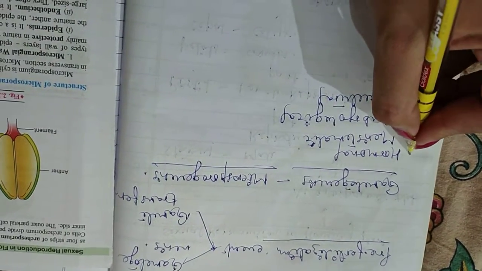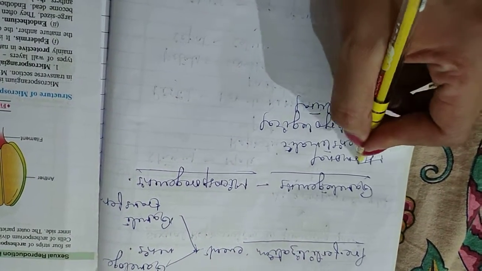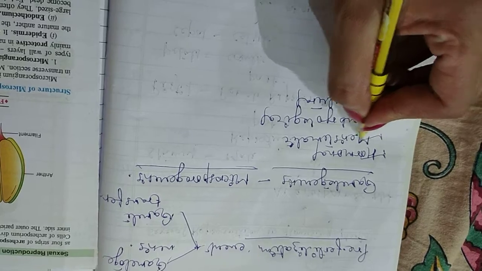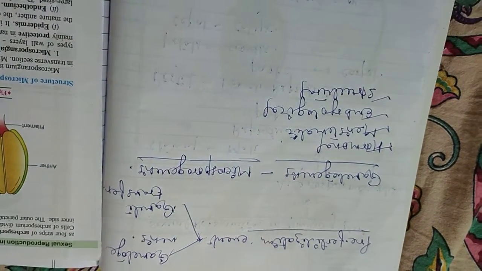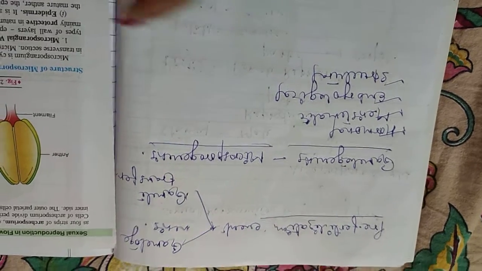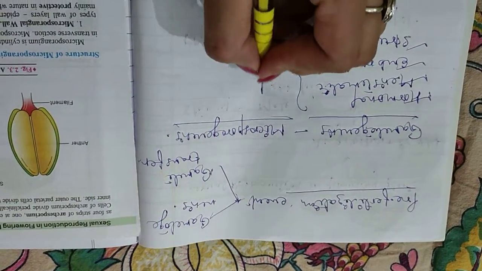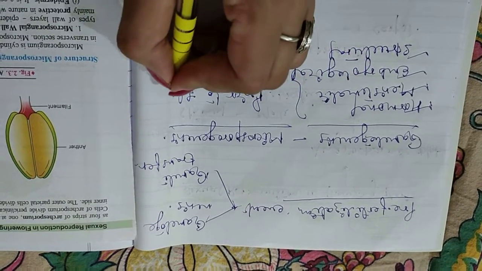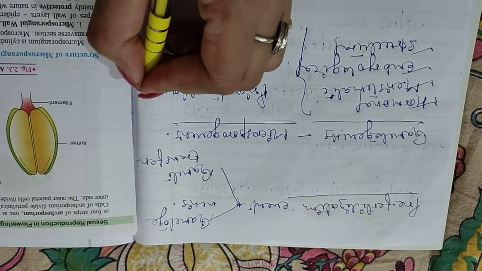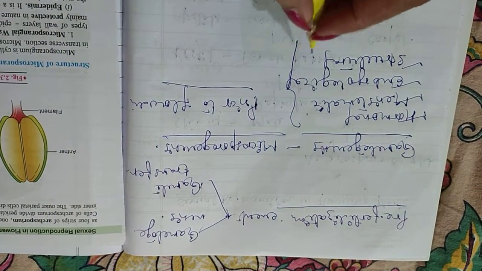So how many things are responsible for the pre-fertilization event? That is hormones, meristematic tissues, embryology, and structure. And these all occur prior to flowering, or initiation of flowering.